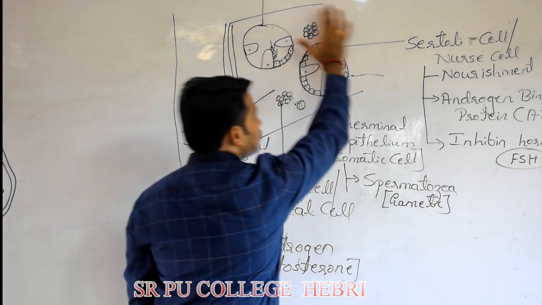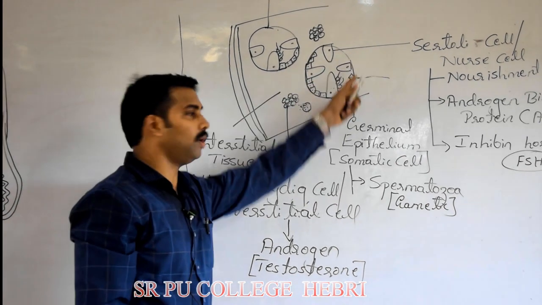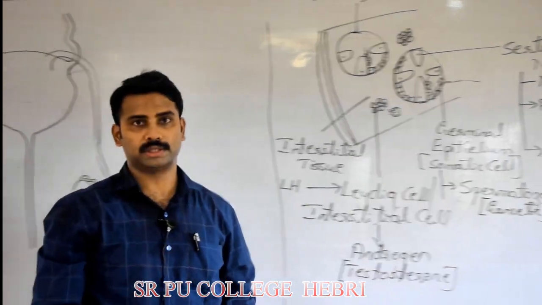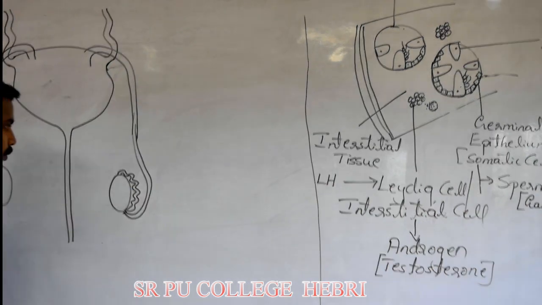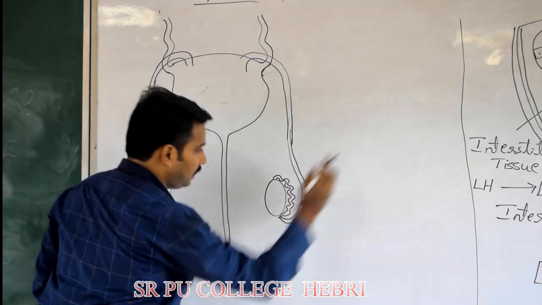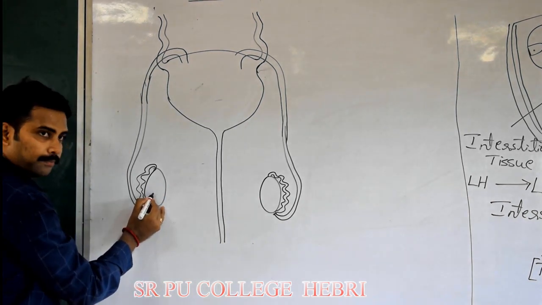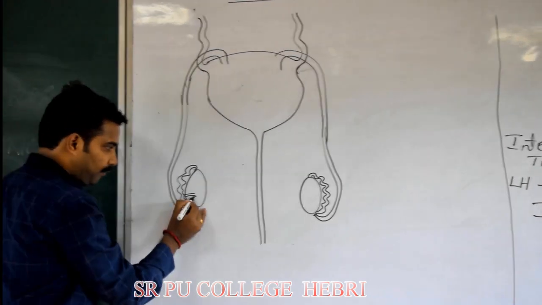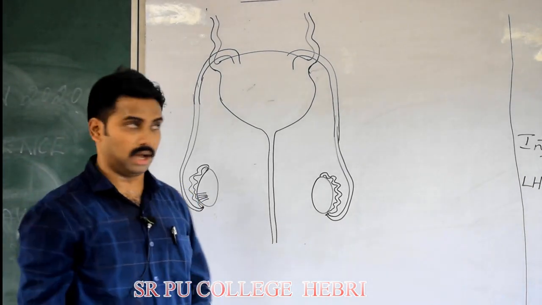This is the sectional view of the testis. We studied the function of seminiferous tubules. Okay, now next we will continue. Here I told you these seminiferous tubules will lead to rete testis. Later they form 15 to 20 tubules called what? Vasa efferentia.